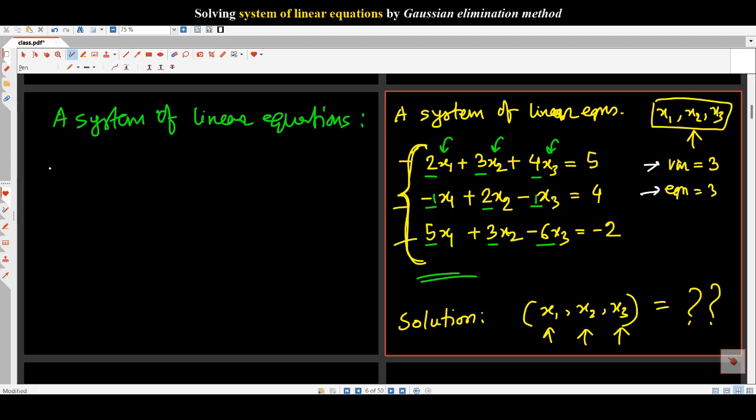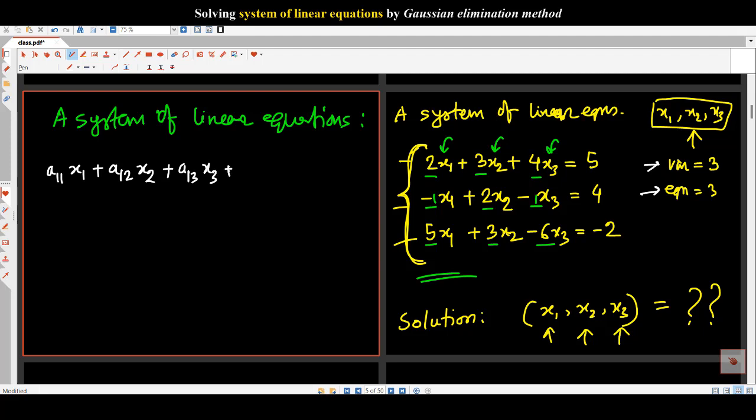Suppose we have one equation in this form: a11 with variable x1 plus a12 with variable x2 plus a13 with variable x3. Have a look. Here a11 is 2 and there is x1, a12 is 3 and then we have x2, a13 is 4 and we have x3.